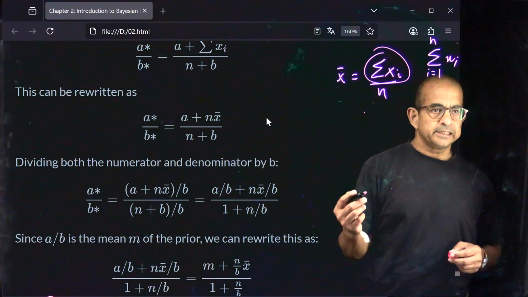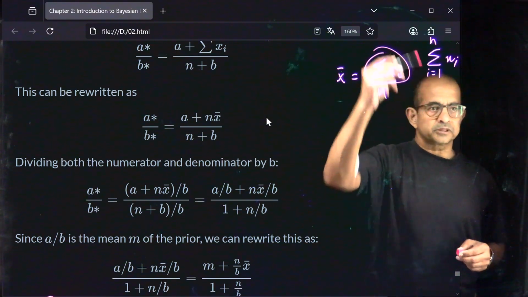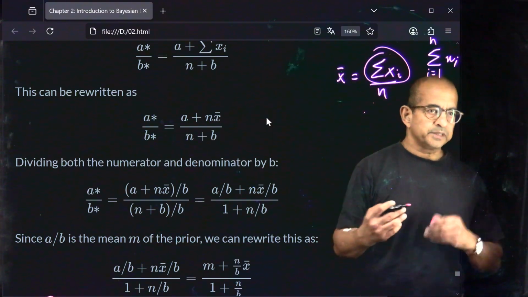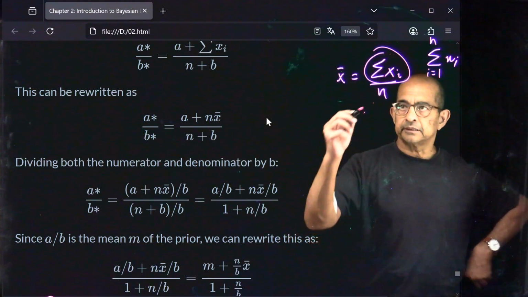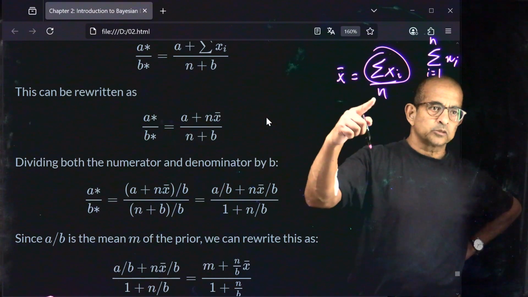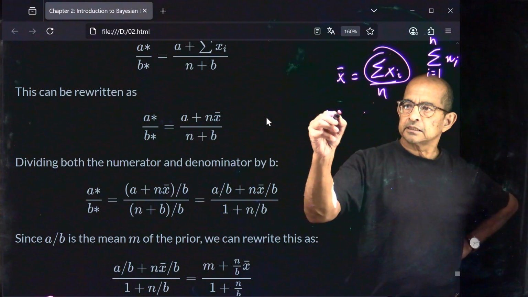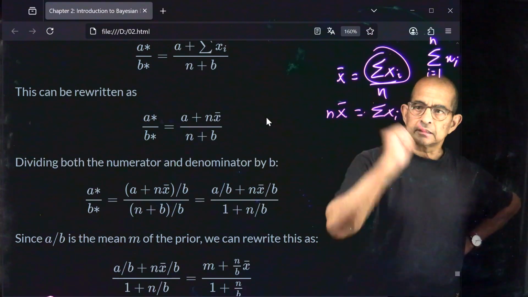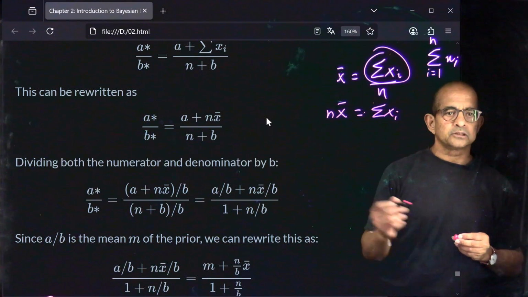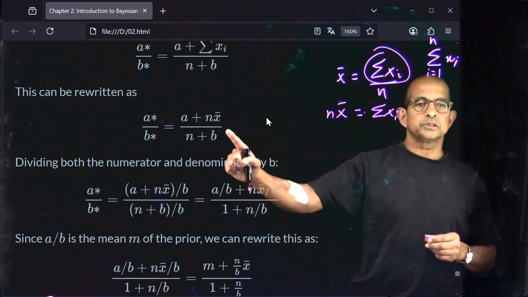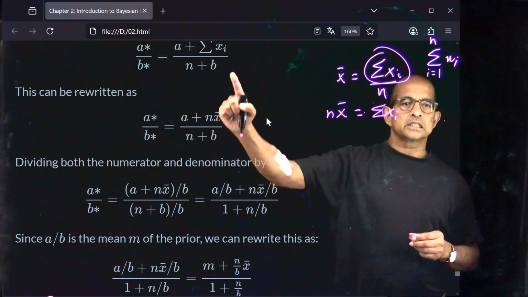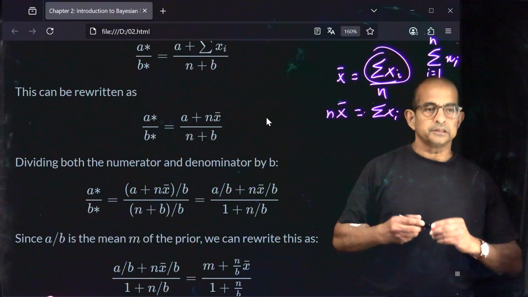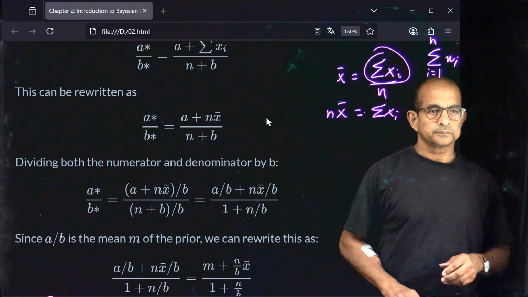But I'm just being lazy. I don't want to write all these subscripts and superscripts. So whenever I write sum of x, it means summing over all the n's, right? So I could just rewrite this equation as n times x bar for sum of x, right? That's a standard trick in statistics. You can basically write sum of x as n times x bar. So that's what I've done here, right?